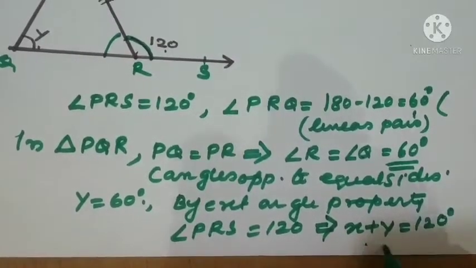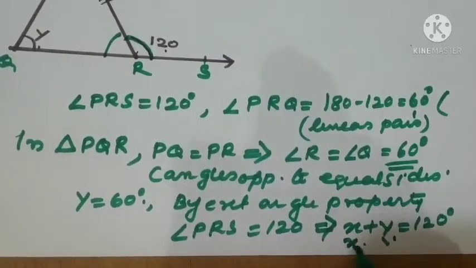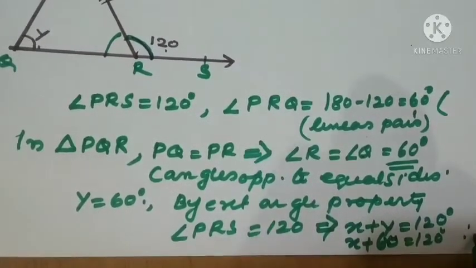Y is what? 60. Y equal to 60 means x plus 60 equal to 120. Therefore x equal to 60 degree.